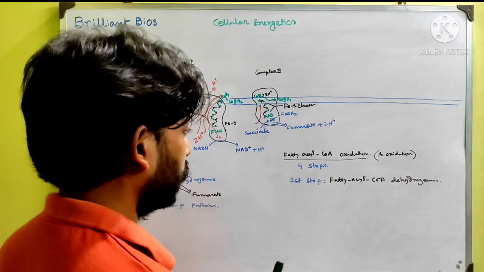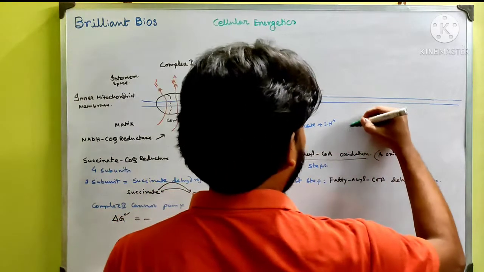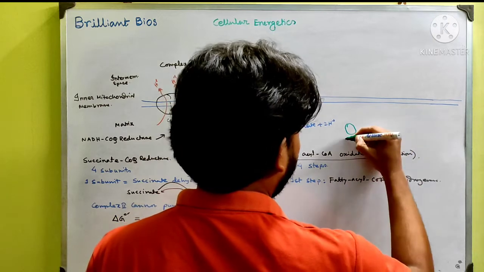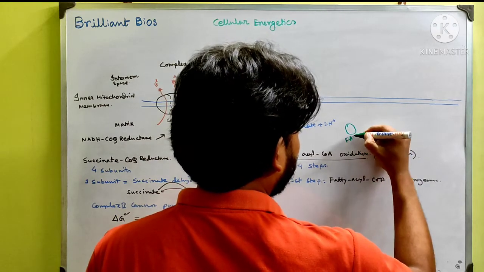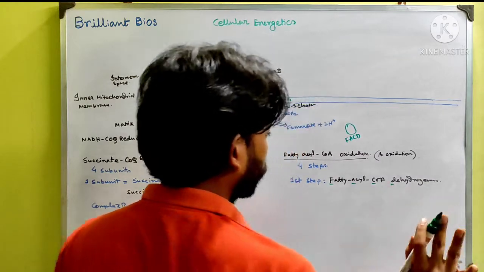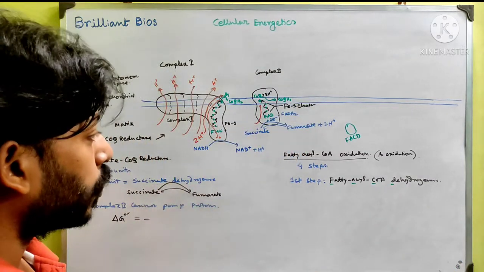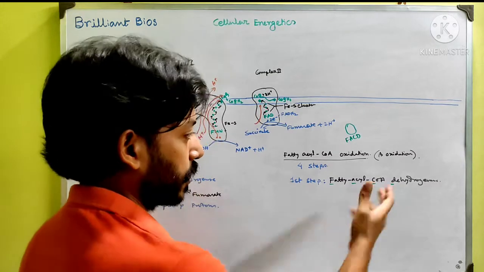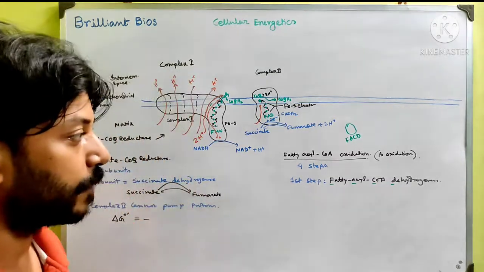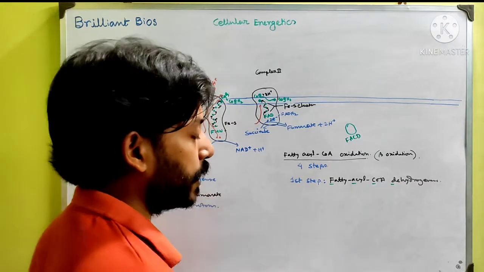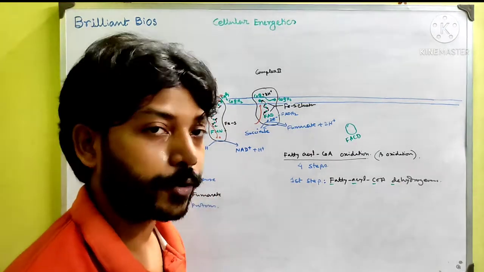So let's suppose this is the fatty acyl CoA dehydrogenase. I am writing it FACD. I am just giving the name FACD. This enzyme helps in the dehydrogenations. I have already discussed what dehydrogenation is, because dehydrogenase enzyme means it can remove hydrogens.